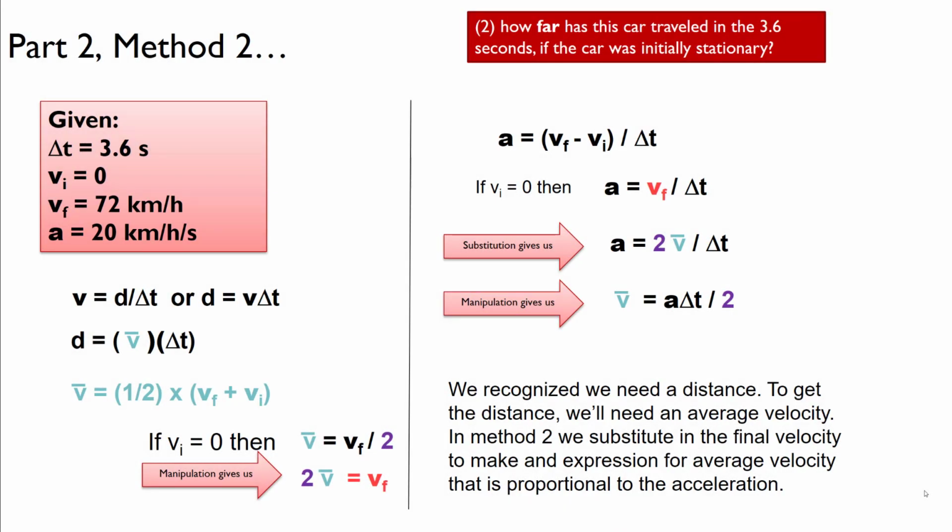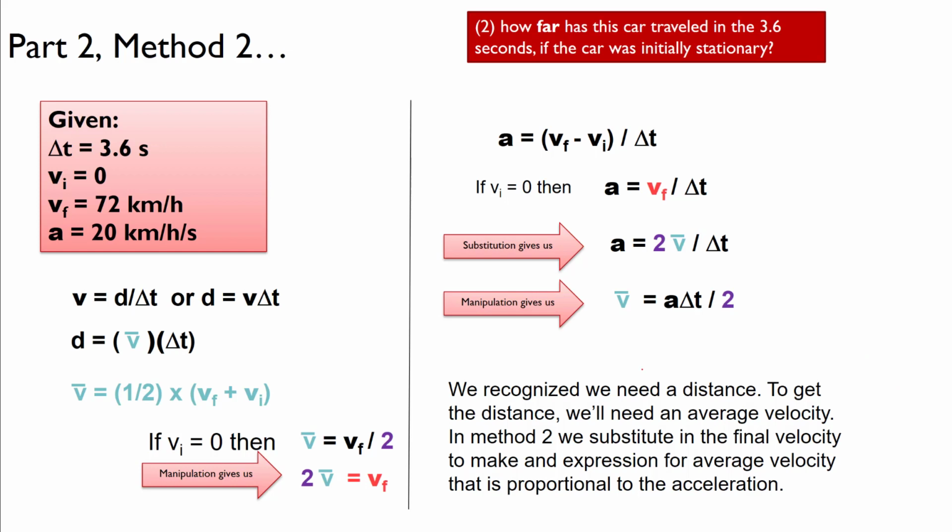Okay, there is another way to attack this, and this is a little more informative for what we're trying to do in the class, so I will go through it as well, but we're going to end up at the same place. I'll call this method 2, and again, the same question stands. How far has this car traveled in 3.6 seconds? So the velocity relationship seems helpful to us at this point.